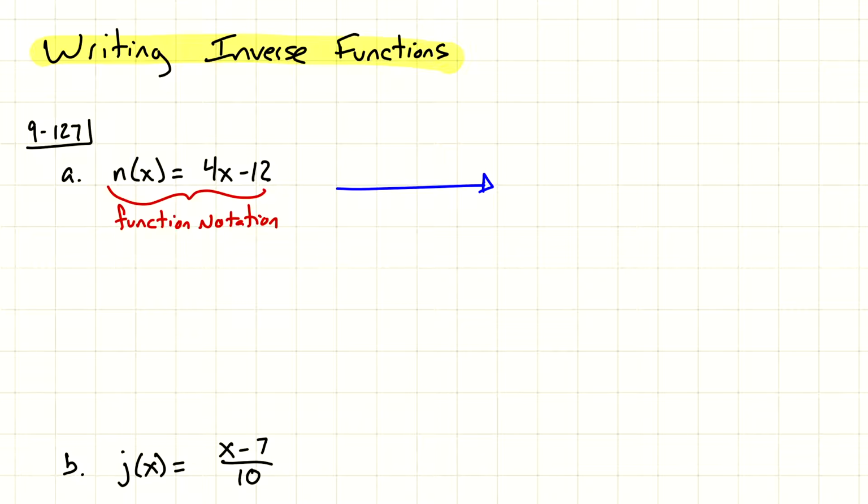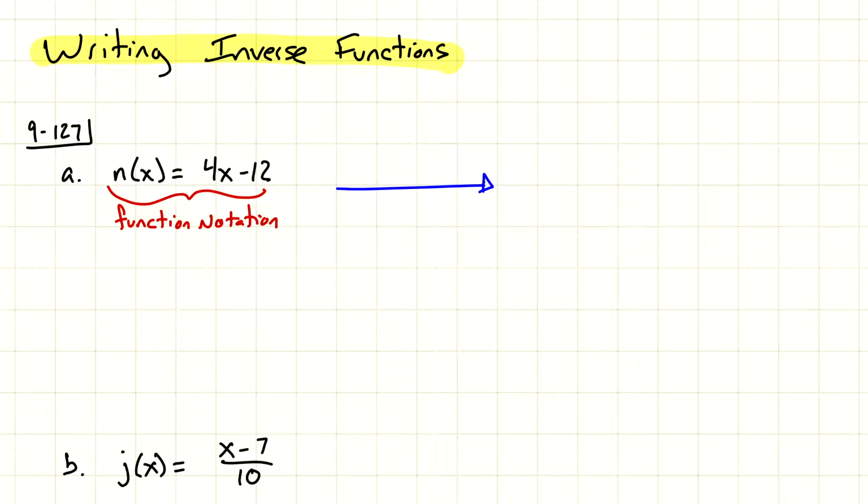In case you're not sure why I have function notation in there, anytime it's written like this with n of x, it's the equivalent of y equals. We're used to seeing y equals. When it's written like this, it's function notation, and it shows us what we're actually plugging in as input.